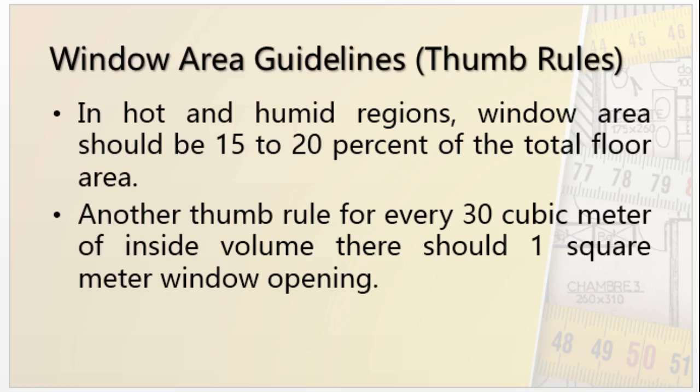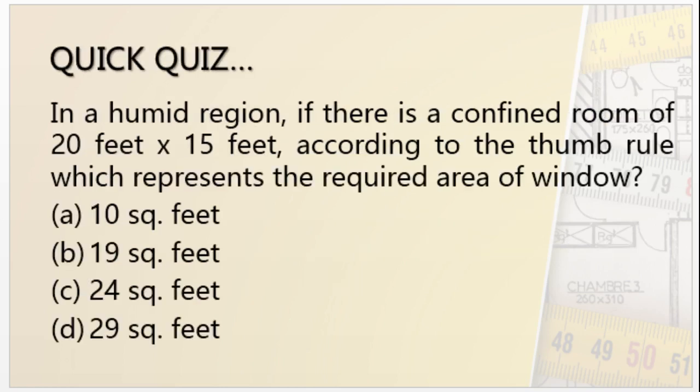So now there will be a quiz for you again. Quick quiz. In a humid region, if there is a confined room of 20 feet by 15 feet, according to the thumb rule, which represents the required area of window, as we have discussed?